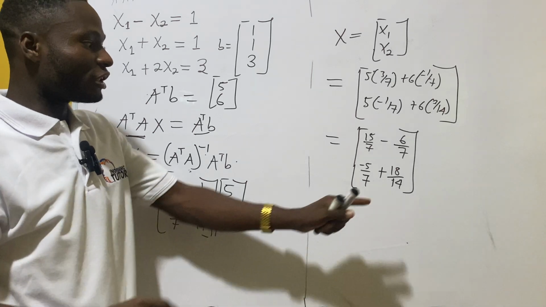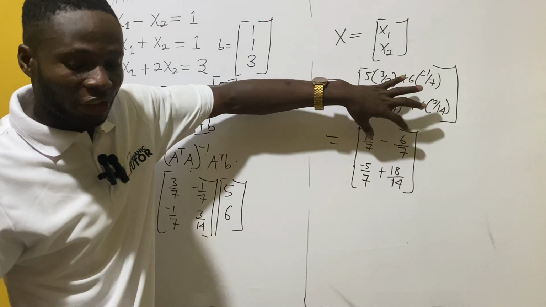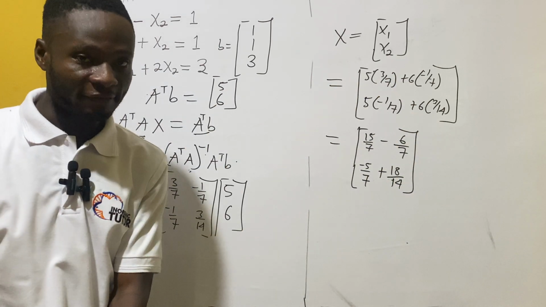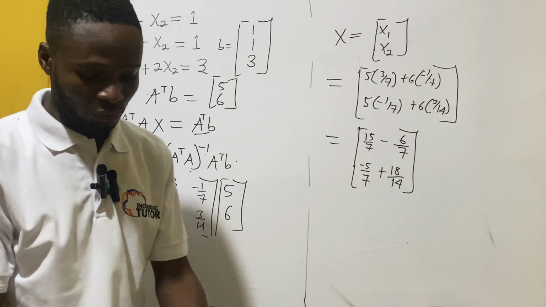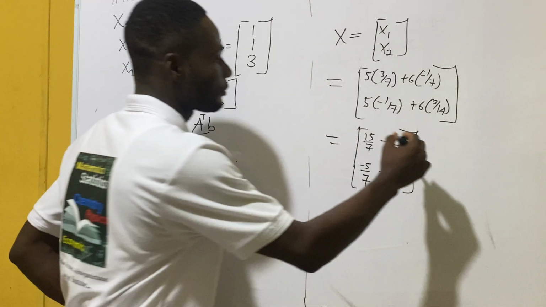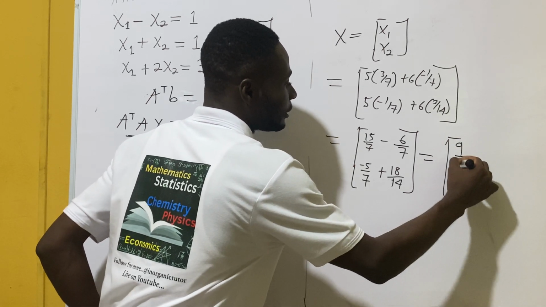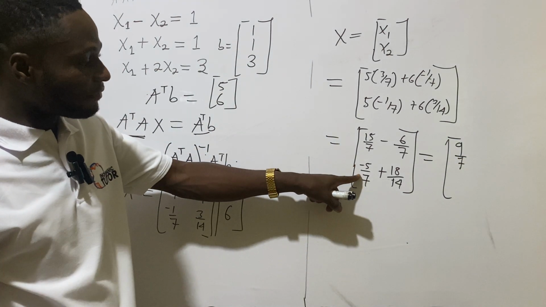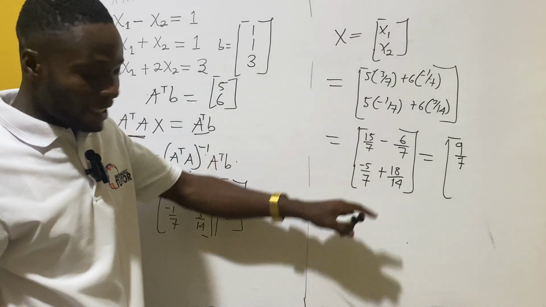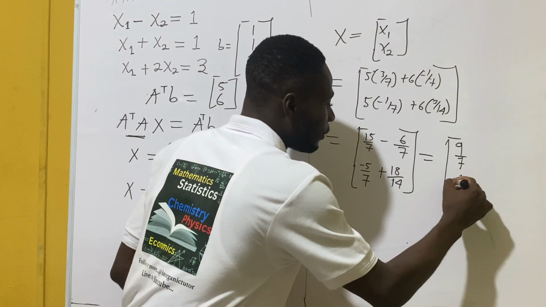So when you simplify the first row very well, you're basically going to have 9 on 7, and also minus 5 on 7 plus 18 on 14 is 4 on 7 as well. So we have 4 on 7.